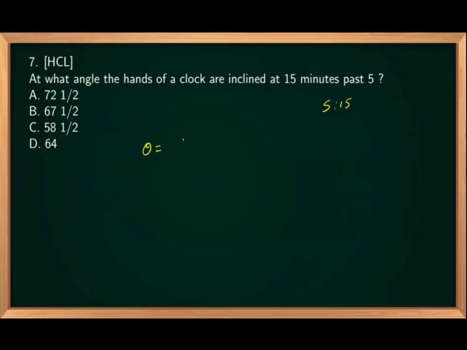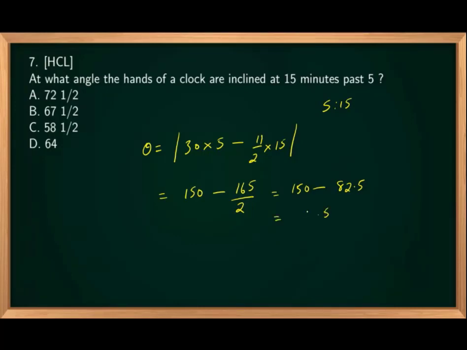To find the angle, theta equals modulus of 30h minus 11 by 2 into m, minutes 15. 30 into 5, 150 minus 11 into 15, 165. 165 divided by 2, 150 minus 82.5 is 67.5. That means 67.5 is our option B.